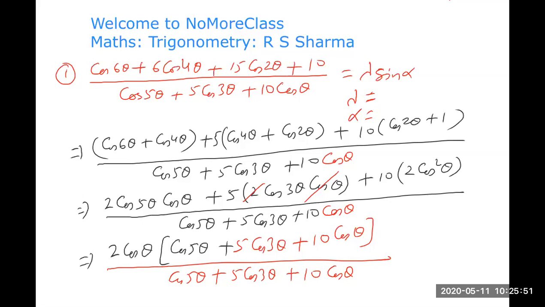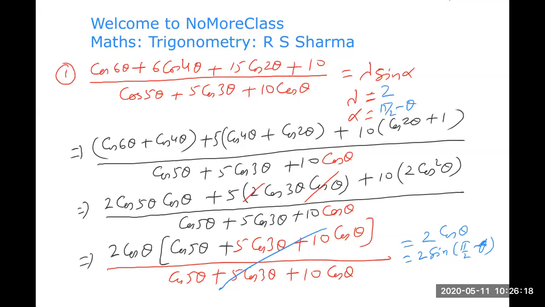So now you can see this part will cancel this part. So this is equal to 2 cos theta. This can be written as 2 sine (pi by 2 minus theta). That means lambda is equal to 2 and alpha is equal to pi by 2 minus theta. This will be the answer, because the answer is in terms of 2 lambda sine alpha.